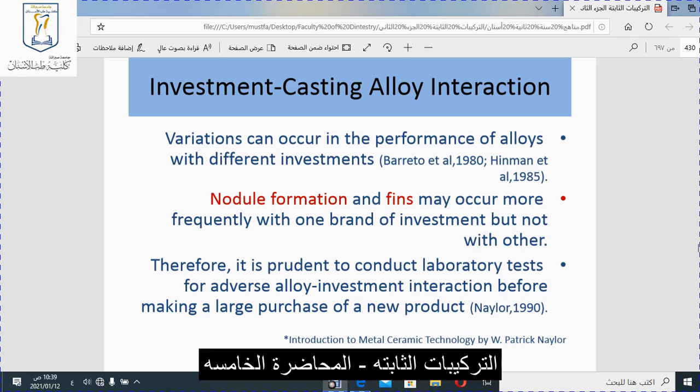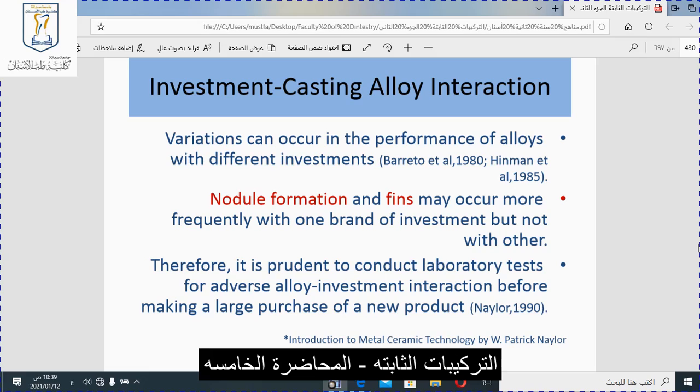In case of phosphate bonded investment, sometimes there are nodules or roughness in the surface, and sometimes fins. When it is water-based investment, you have to select the silica-based gel, in case of water used as a liquid.